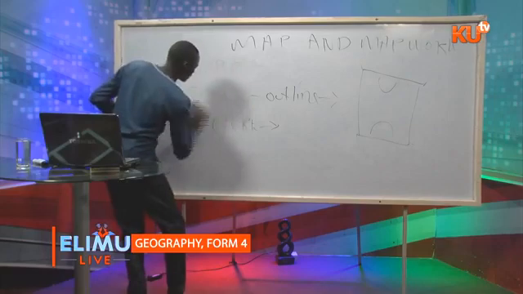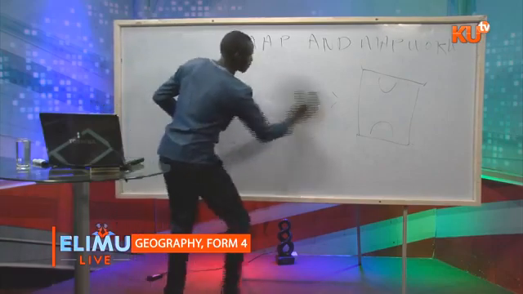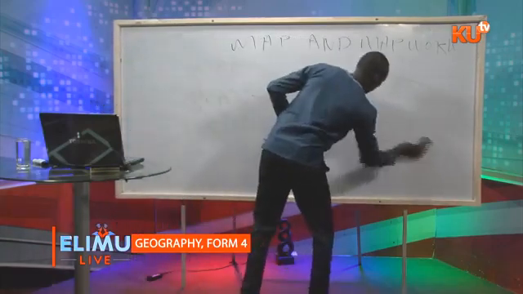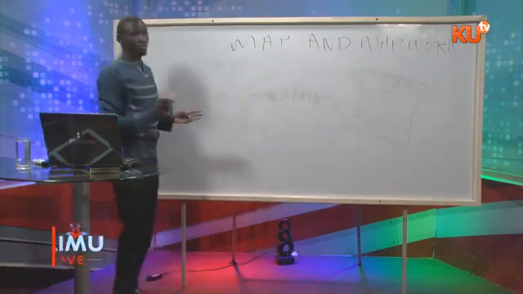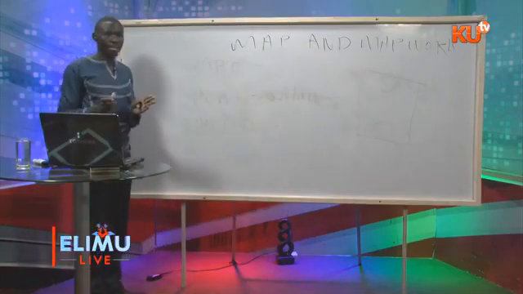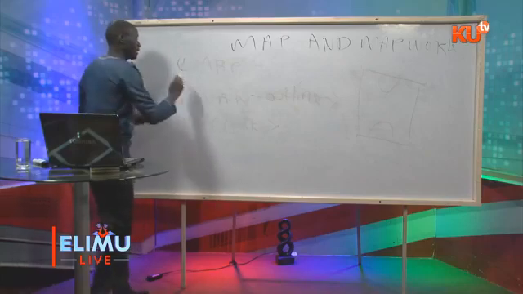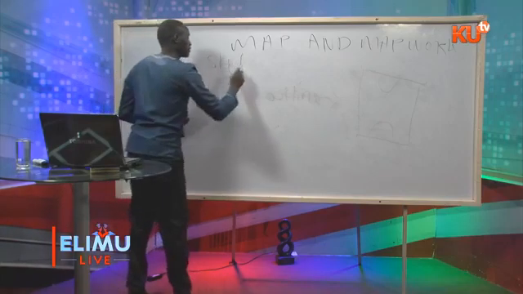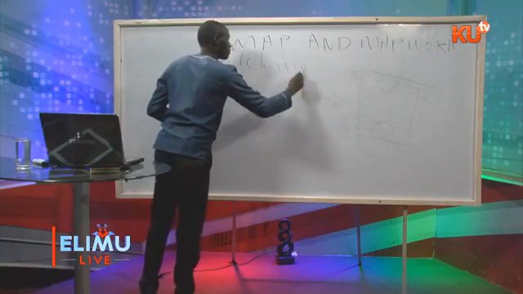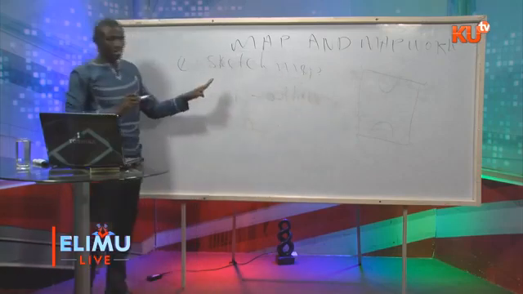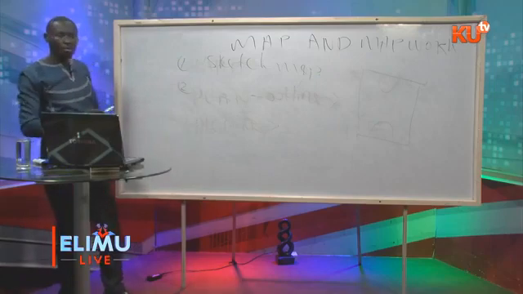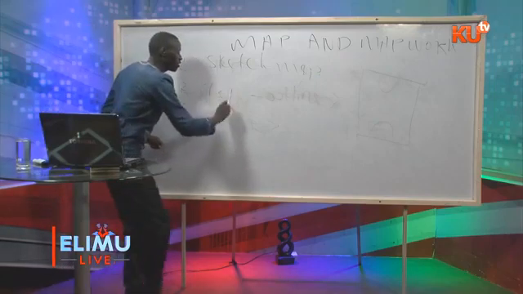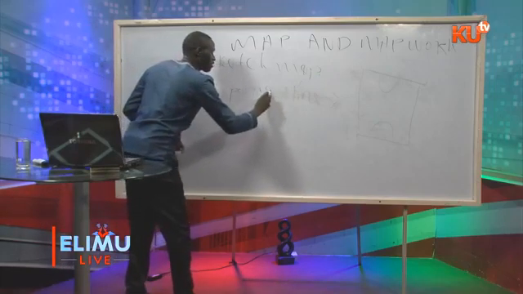Now, the next step that we want to look at is the types of maps. We have three types of maps. Number one is a sketch map. Number two, we have what we call topographical maps.